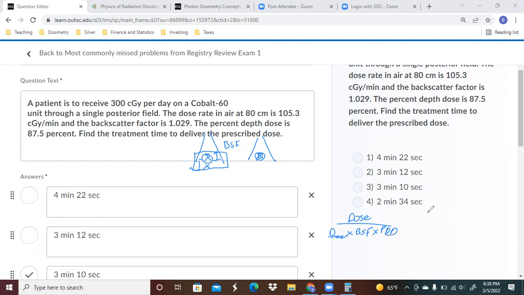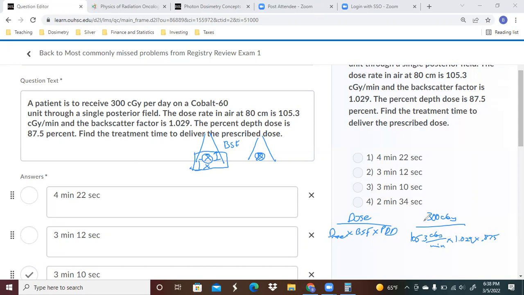In this particular case, we take 300 centigray and divide it by 105.3 centigray per minute, multiplied by 1.029. And we're going to change this 87.5% to a decimal, so it'll be 0.875.